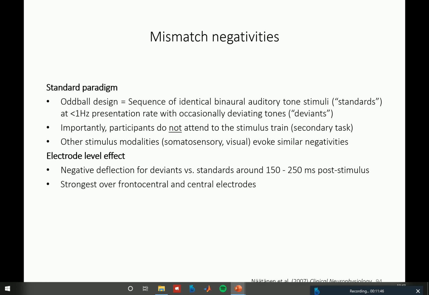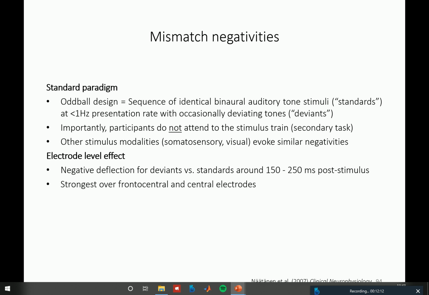Then if you do that, what is observed is a negative deflection for deviants versus standards around 150 to 250 milliseconds after stimulus onset, and mainly over frontocentral and central electrodes. So this centrality has a lot to do with the fact that the typical paradigm is binaural stimulation.